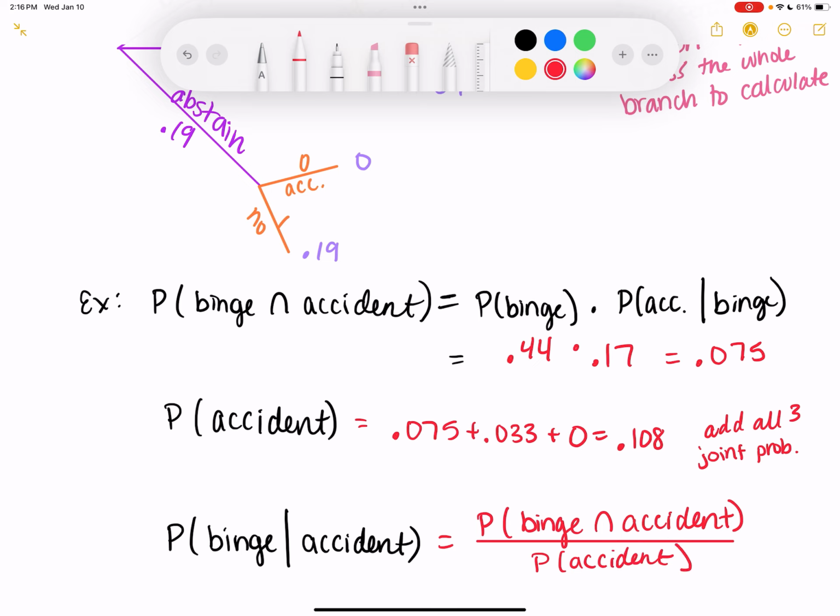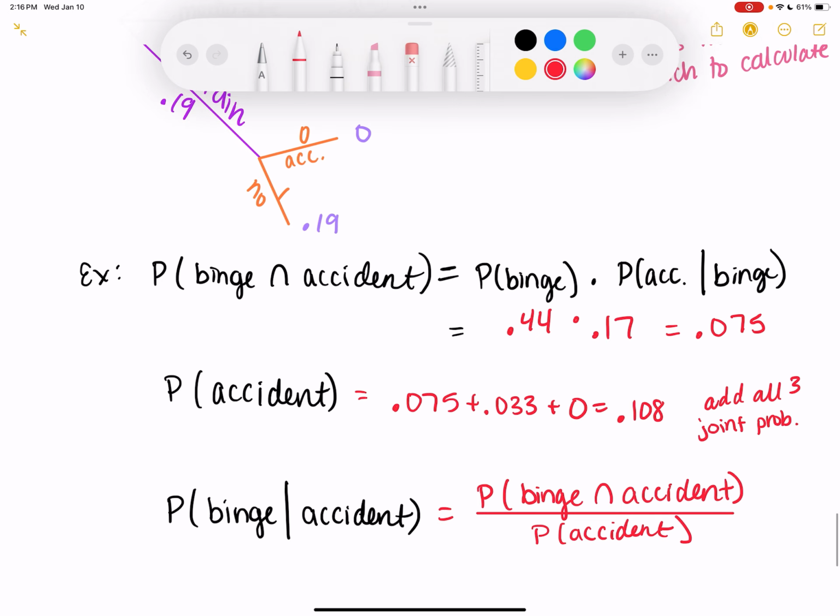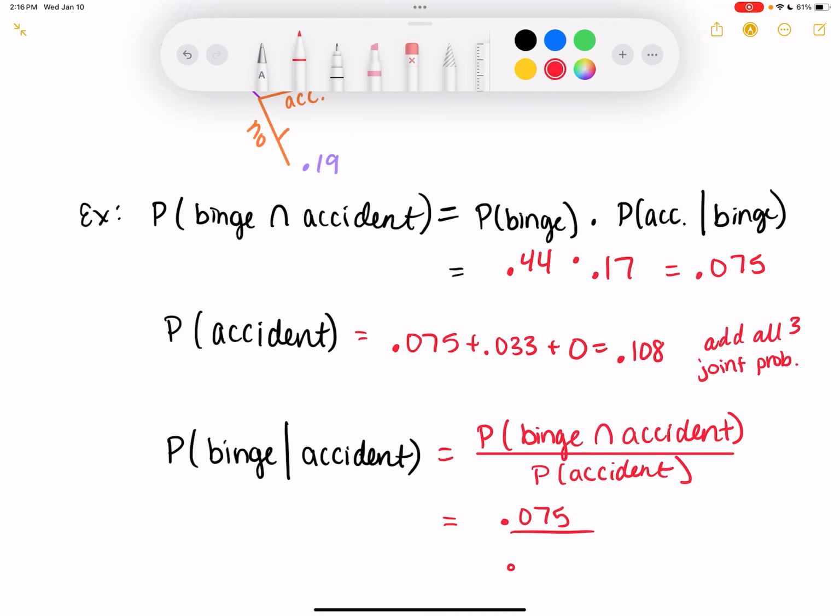And what do you know? We can use the two things we just found. It's almost like it was done on purpose. 0.075 divided by 0.108 is equal to 0.694.